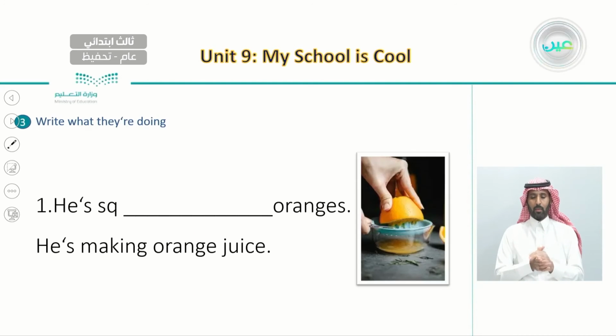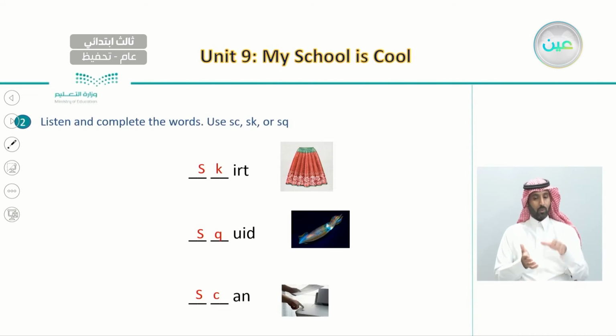So here we have continued all of these words with either SK, SQ, or SC. Now you can mention at least 3 words that start with these letters. SC, like scan, scarf; SQ, like squid, square; and SK, like sky and skirt.